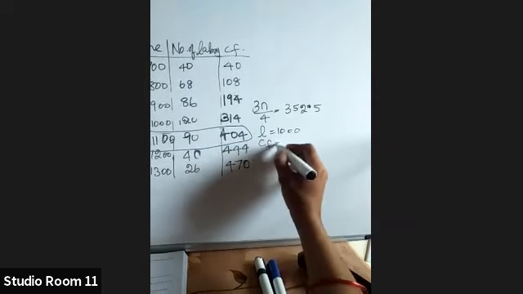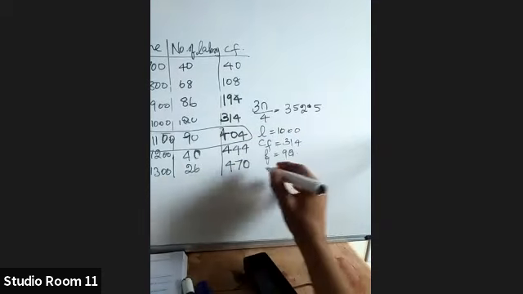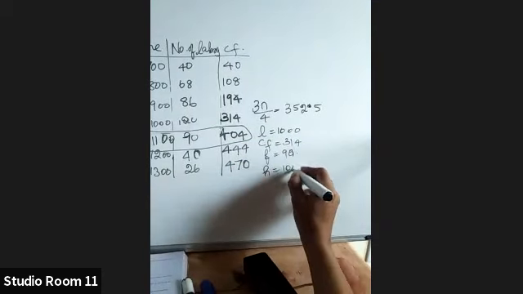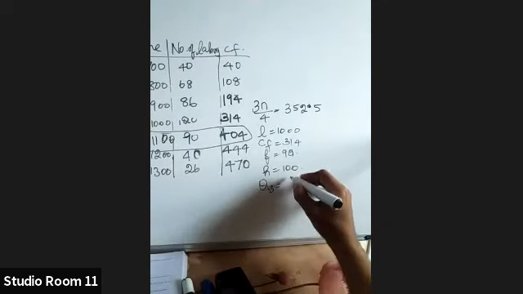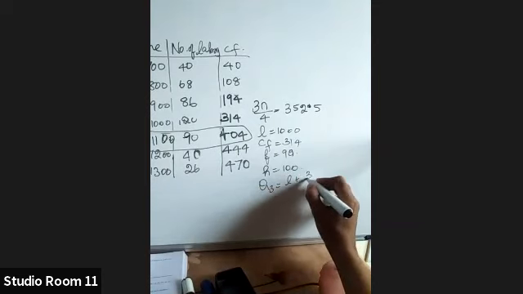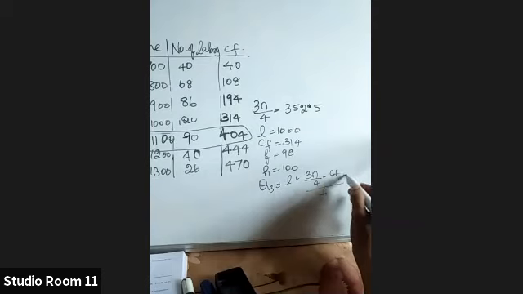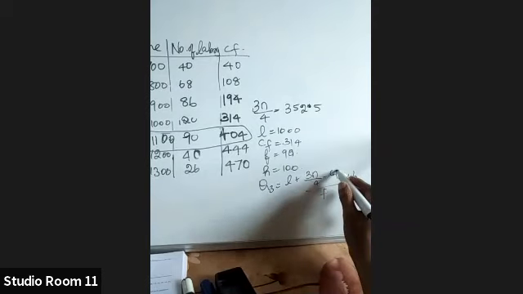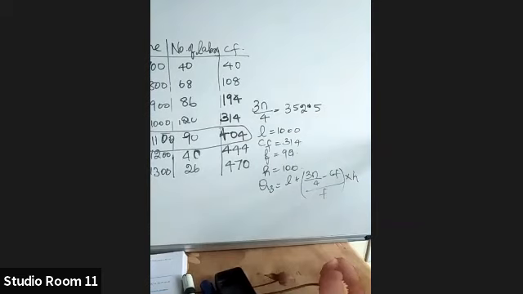CF is the cumulative frequency of the preceding class, H is the size of the interval, and apply the formula. Q3 is equal to L plus 3n by 4 minus CF by F into H. Apply the values and find out what is Q3.